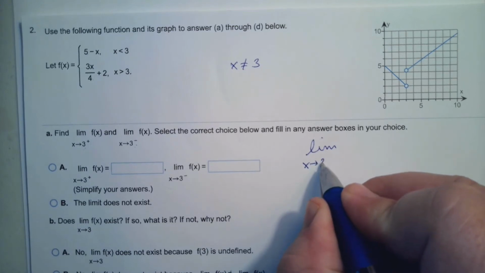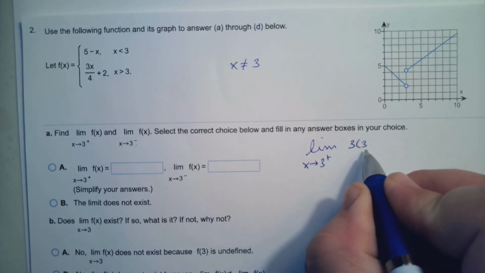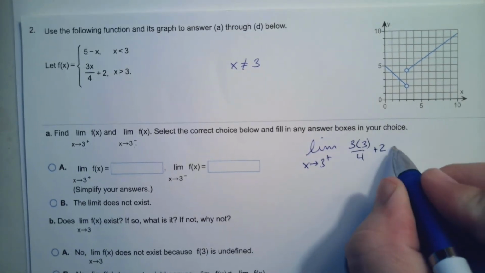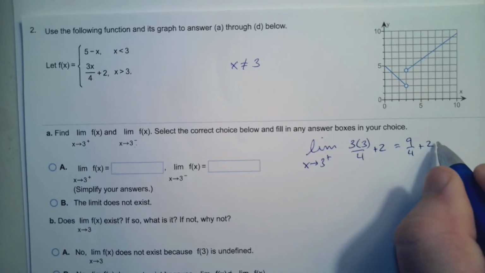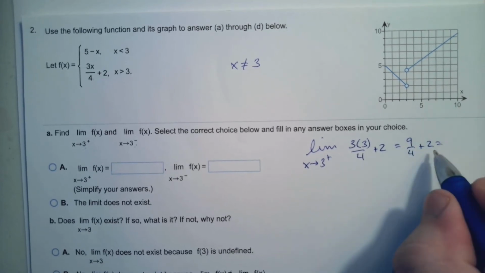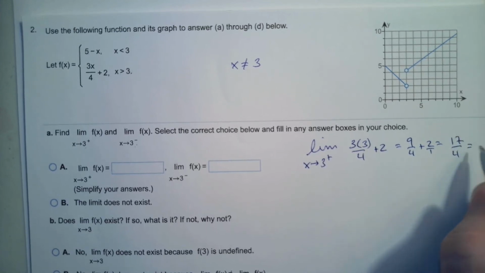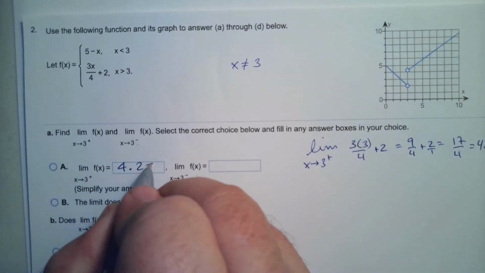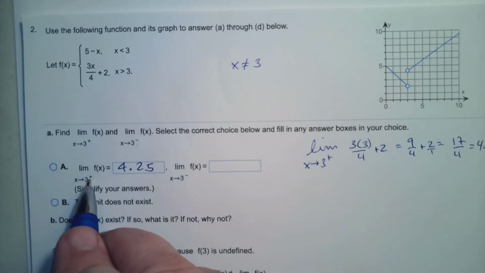We have 3 times 3 over 4 plus 2, which is 9 over 4 plus 2, 17 over 4, we get 4.25. That's for coming from the right, the bigger equation.